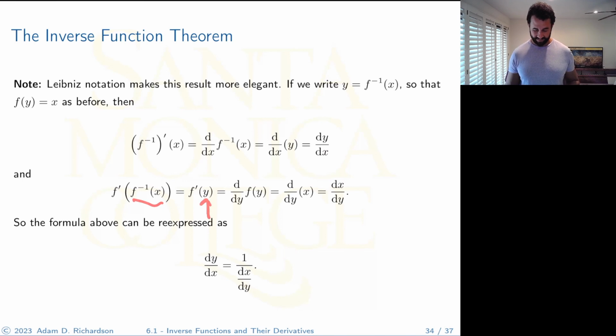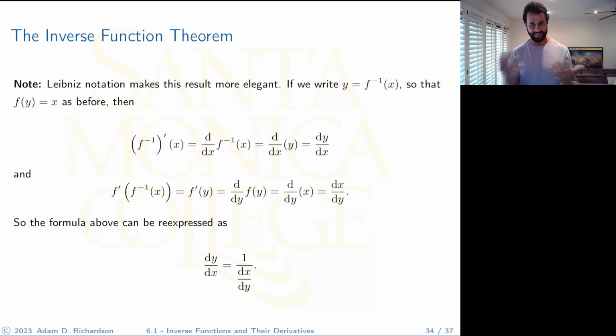It's y. So really we're looking at f prime of y. But what's f prime of y? It's the derivative with respect to y of f of y. So it's d dy f of y. But what's f of y equal to? f of y is equal to x. And now what we're really looking at is dx dy.